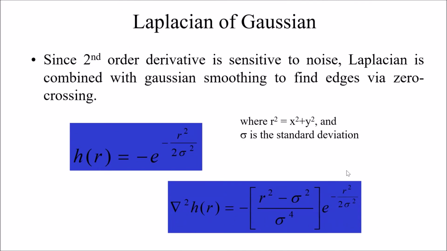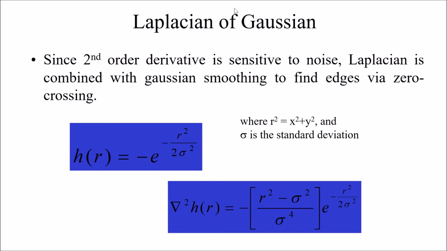However, as mentioned previously, the second order derivative is very sensitive to noise. Just a little amount of noise can generate a much more deteriorated output, or a very cluttered output. So in this case, as mentioned previously, it is important that we incorporate the smoothing operation prior to applying the edge detection.